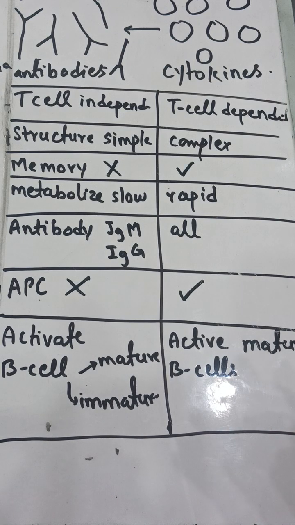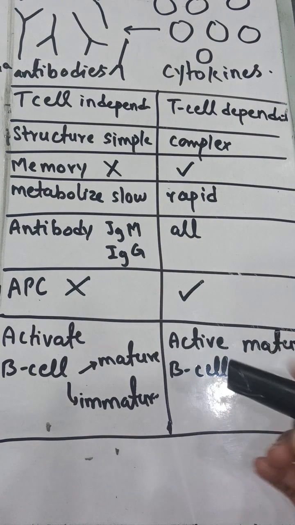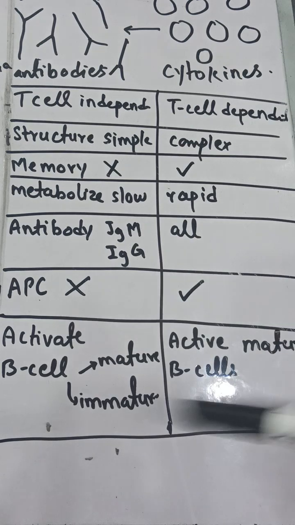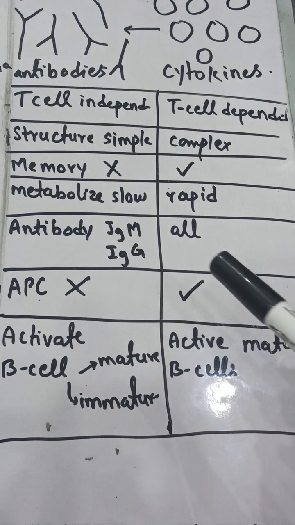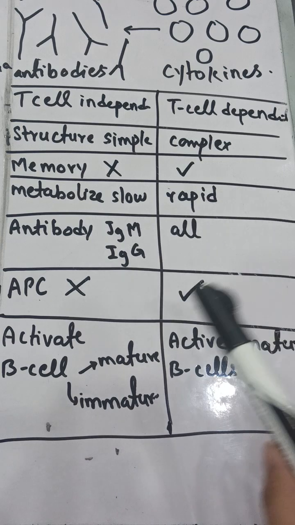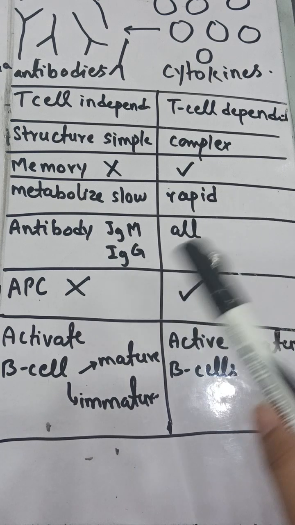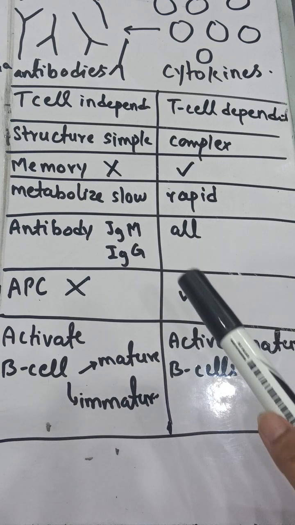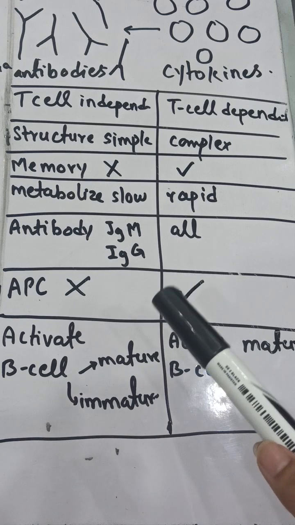If I give a T cell dependent antigen which can only be killed by IgM, then only IgM antibody will be produced against it. So it doesn't mean that all the antibodies are produced; it only produces the specific antibody, but it can produce all the types: IgA can be produced, IgG, IgM, IgE, okay.